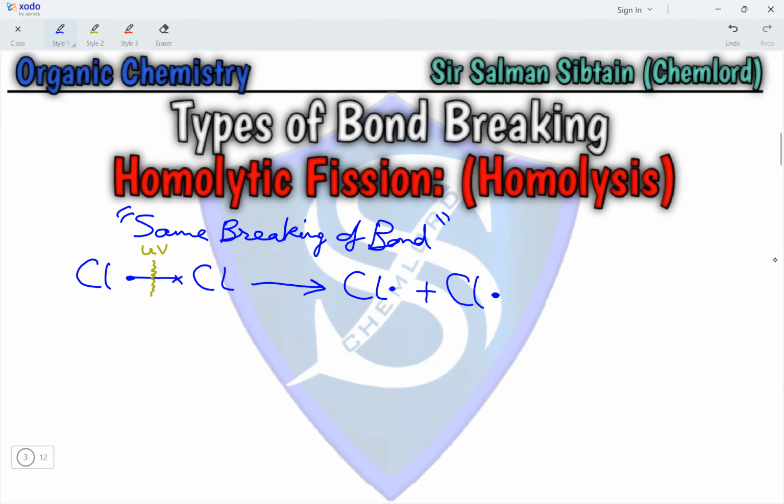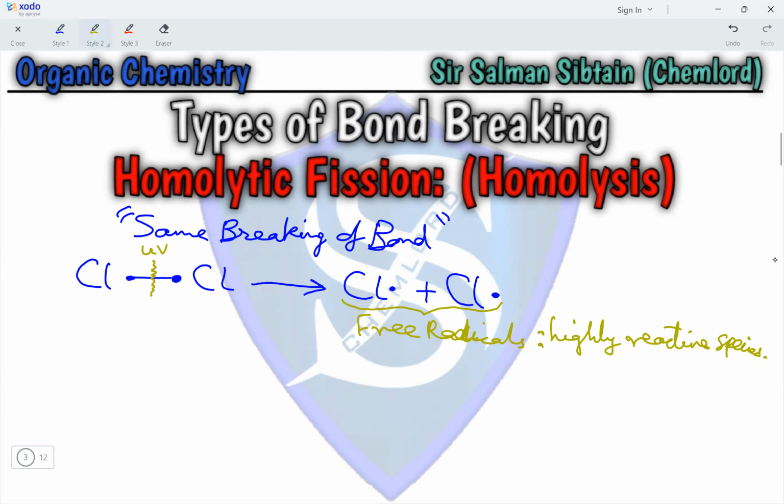These two species each retain one of the bonding electrons, but the bonding electron was not given enough energy to break free from the bond itself. In fact, the bond shattered and the two species formed are referred to as free radicals. Now, free radicals are highly reactive species.